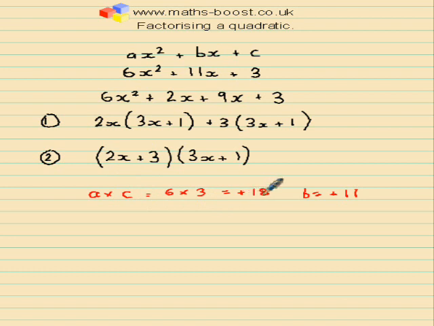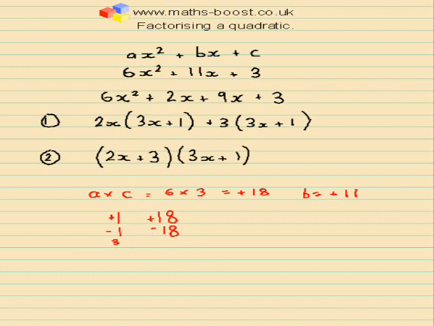Now I write down all the numbers that multiply to give me plus 18. So I'm being methodical and starting at the beginning. So again, just to emphasize, plus 1 and plus 18, because actually minus 1 and minus 18 also give me plus 18 if I multiply them together.